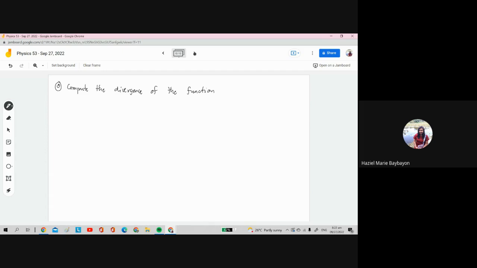Okay, so it is medyo long. Compute the divergence of the function which is given by this. You have your vector function r cosine theta r hat plus r sine theta theta hat plus r sine theta cosine phi phi hat. So this is your vector function. You have to check the divergence theorem for this function.